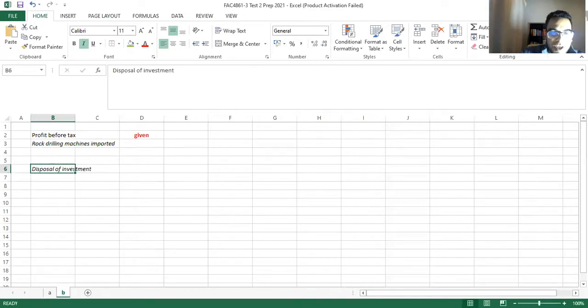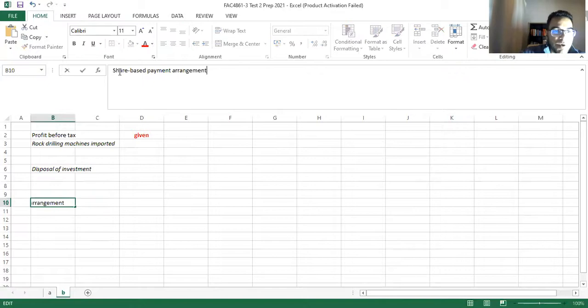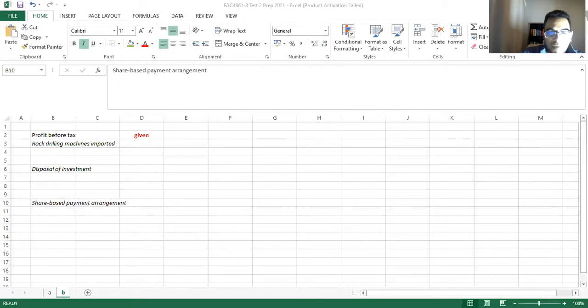Point number 3 is the share-based payment arrangement. I'm going to put it in as a heading, but I'm going to leave it blank. We're not going to deal with it today. And then number 4 is the investment in debt instruments.